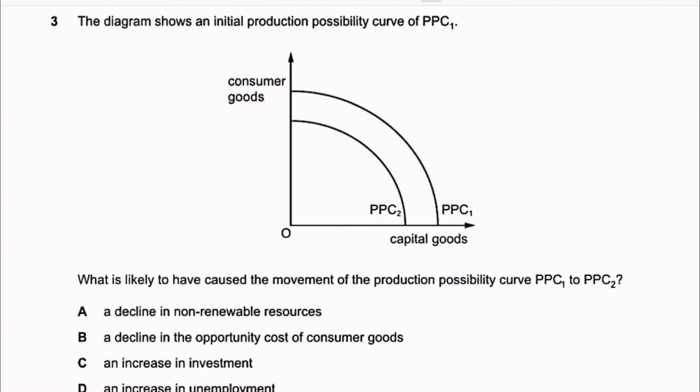Question 3. The diagram shows an initial production possibility curve of PPC1. What is likely to have caused the movement of the PPC1 to PPC2? So the arrow is like that. So we know that this means that PPC has shifted inwards.